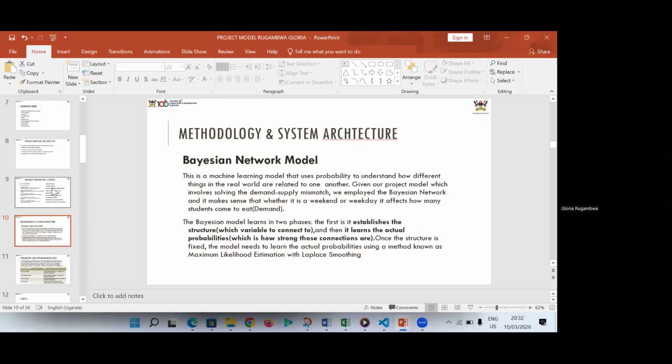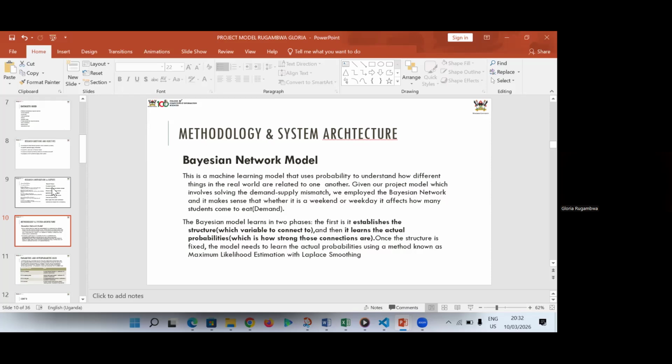In relation to our model, the Bayesian network is going to show the manager what affects the demand and what affects the revenue generated. To begin with, it has two parts.